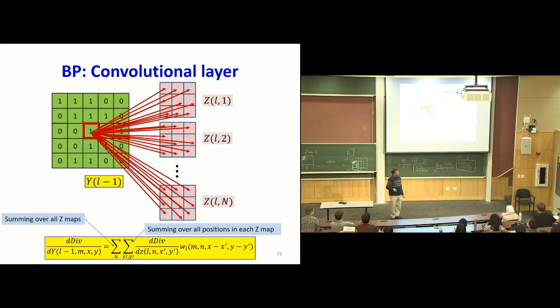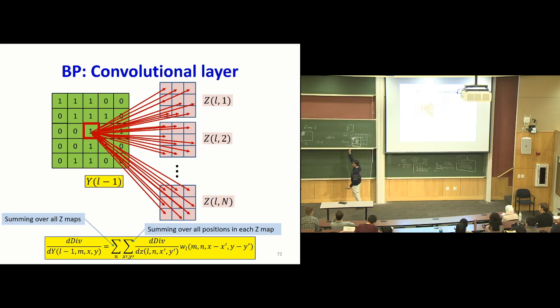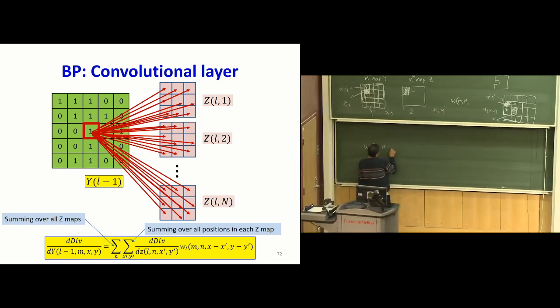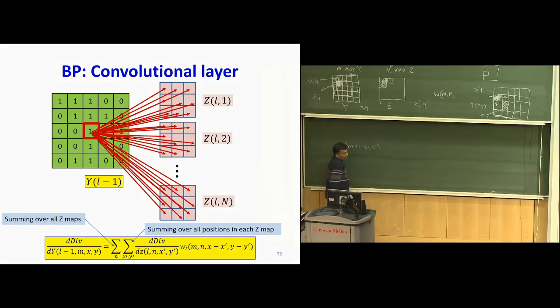Now, what about the derivative with respect to the weights? That's what we're really interested in. I mean, that is also something we're interested in. Now, this becomes a little more challenging, right? Observe that any given weight, w, m, and say, let me give this, say, uv, right? uv are indices.